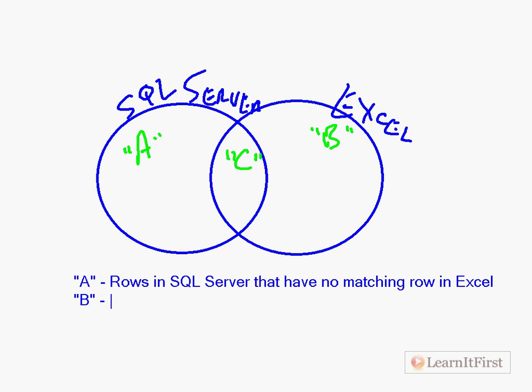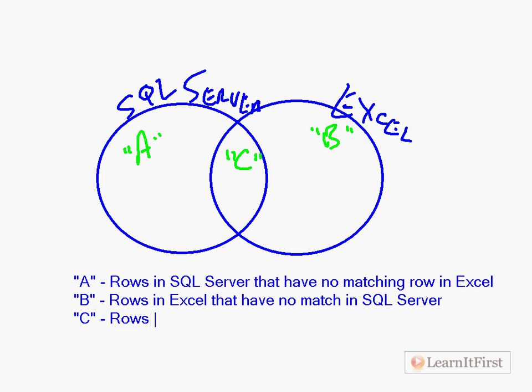B would be rows in Excel that have no match in SQL Server. And then C would be rows that have a match on a specified column or group of columns.